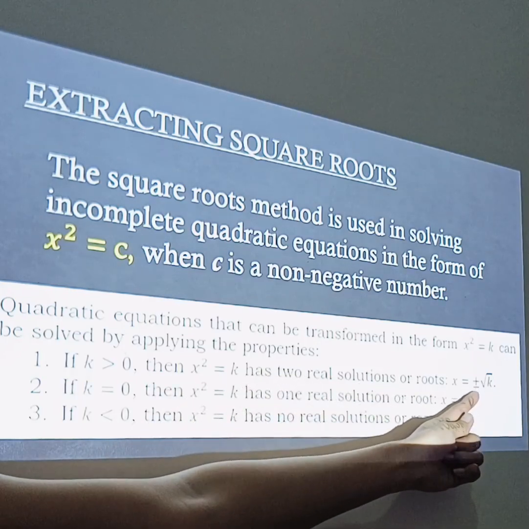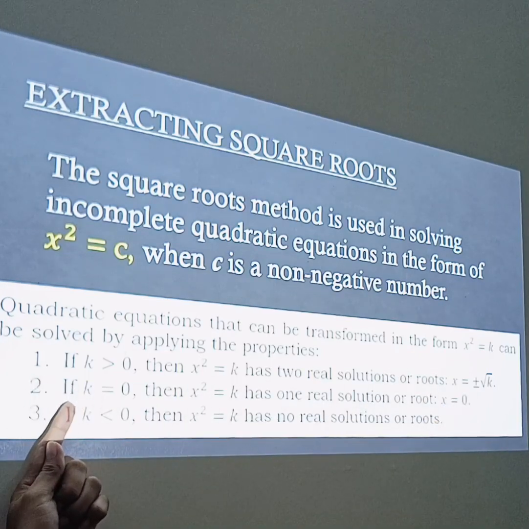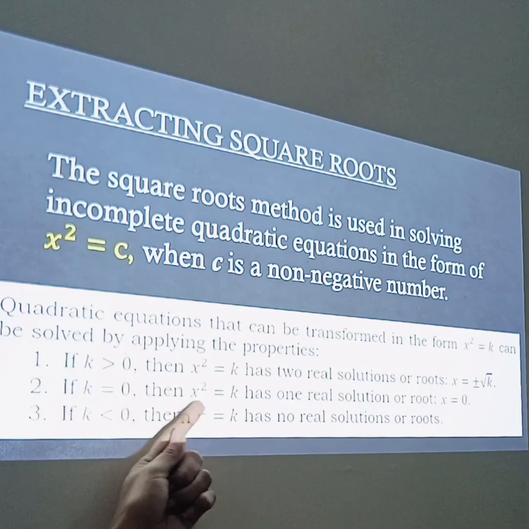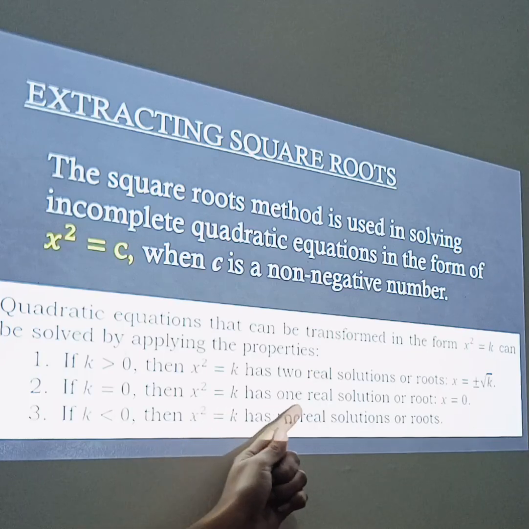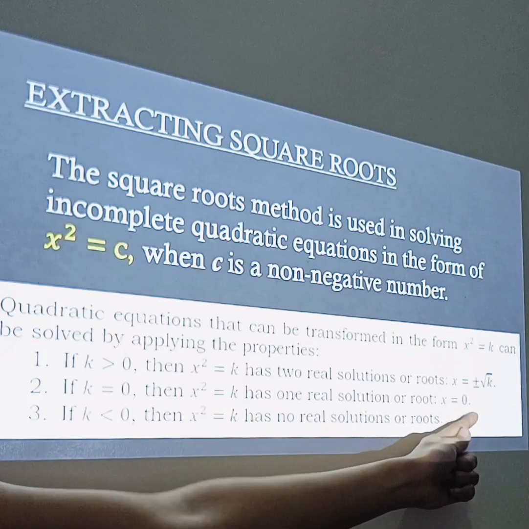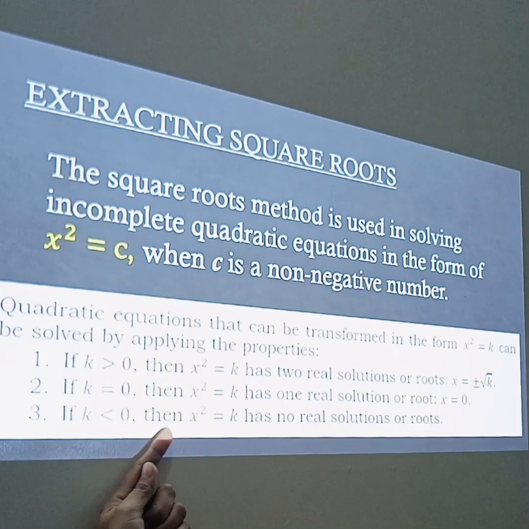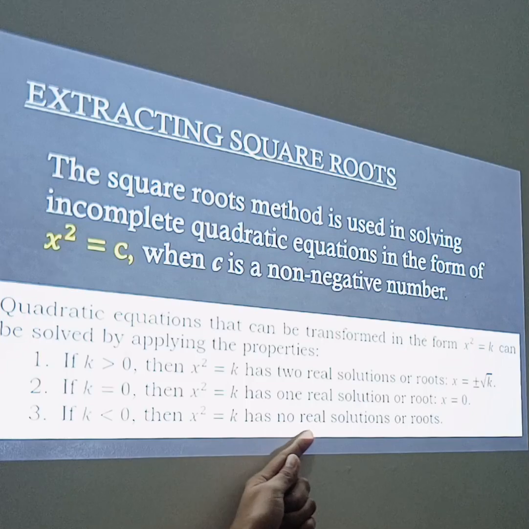It is either positive or negative. Number 2, if k is equal to 0, then x squared equals k has one real solution or root, and that is x equals 0. But if k is less than 0, then x squared equals k has no real solutions or roots.